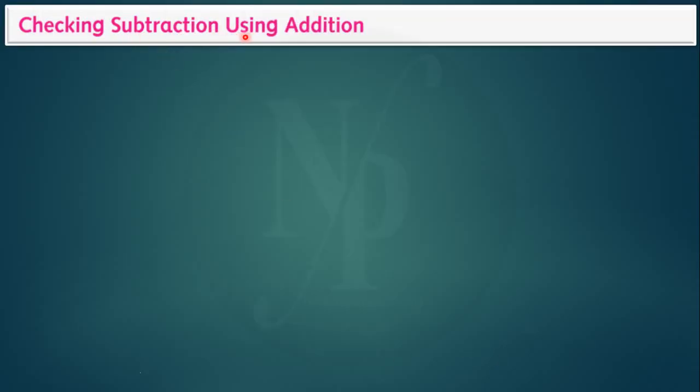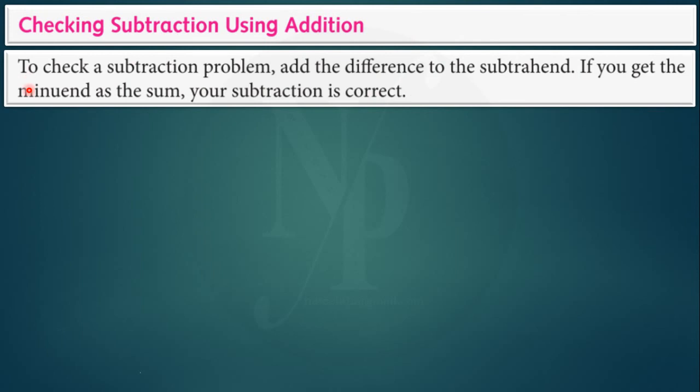Checking subtraction using addition. Once we find a difference, or subtract two numbers, the subtraction can be verified using addition. Let us see how it can be done. To check a subtraction problem, add the difference to the subtrahend. Remember this.